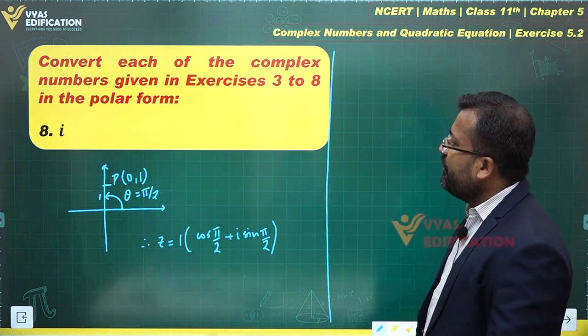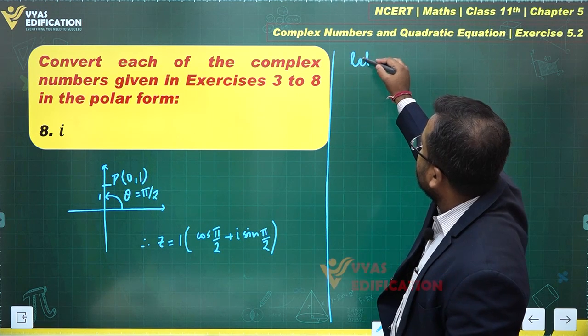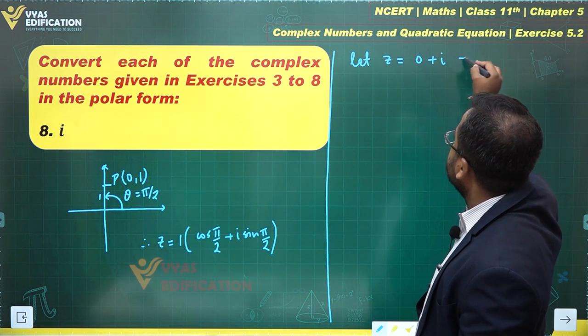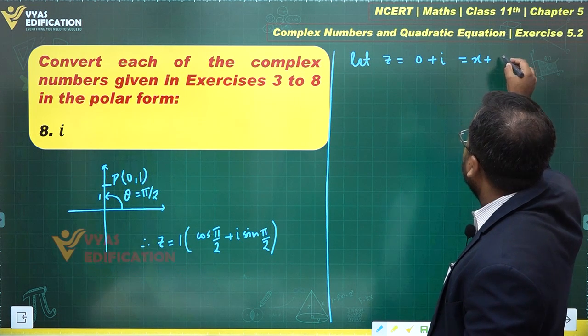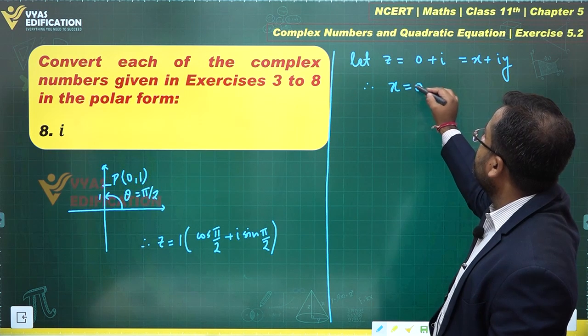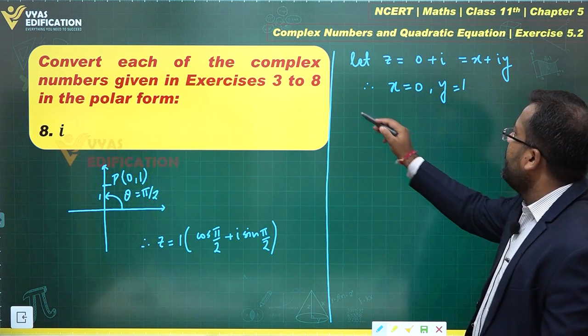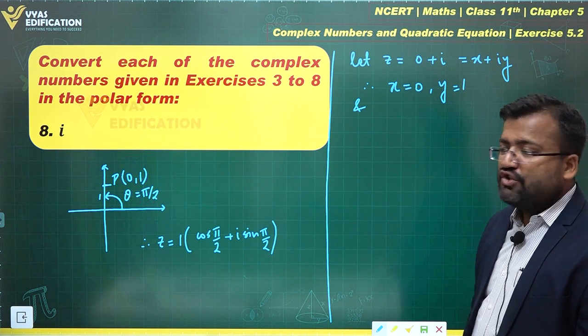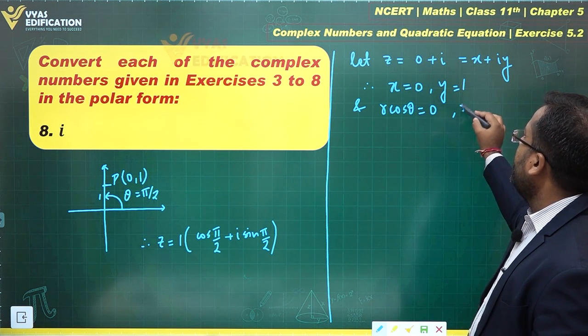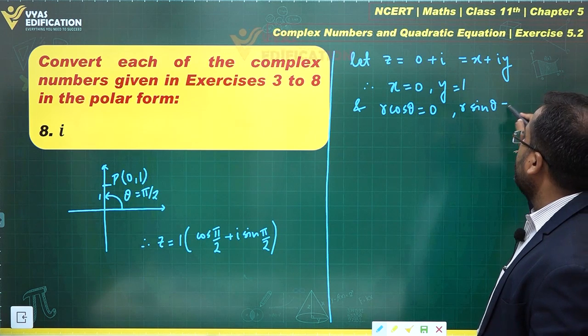What we observe over here is, let z equals 0 plus i, which is equal to x plus iy. Therefore, x becomes equal to 0, y becomes equal to 1, and x is also equal to r cos theta. Therefore, r cos theta is equal to 0, r sin theta is equal to 1.